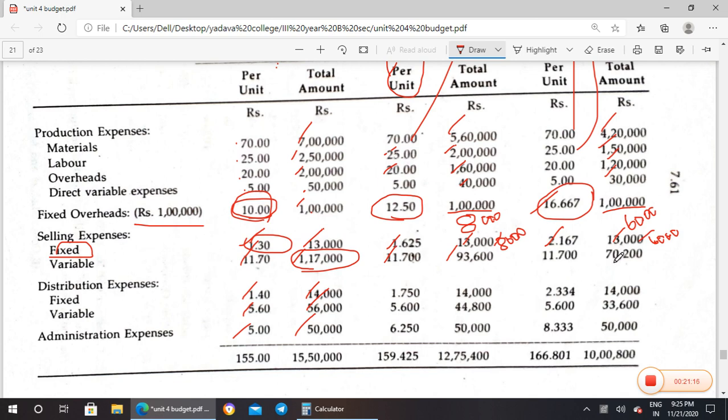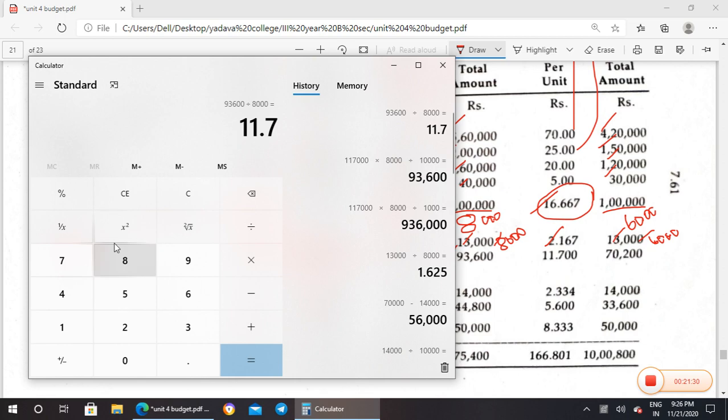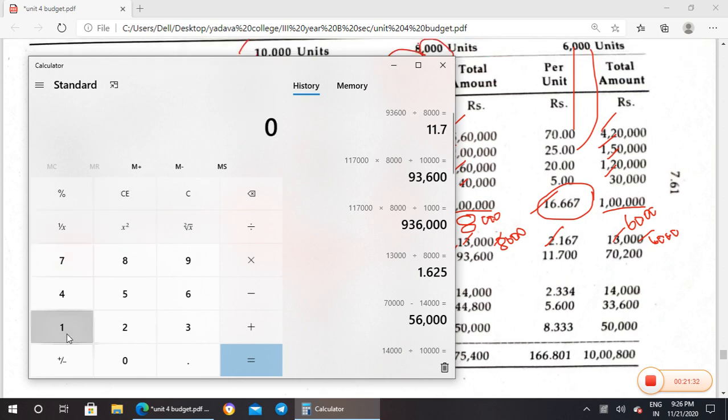The same procedure should be followed here also. 1,17,000 into 6,000 divided by the given 10,000 units. So 10,000 units. I'll show it again. For 6,000, same thing. 1,17,000.